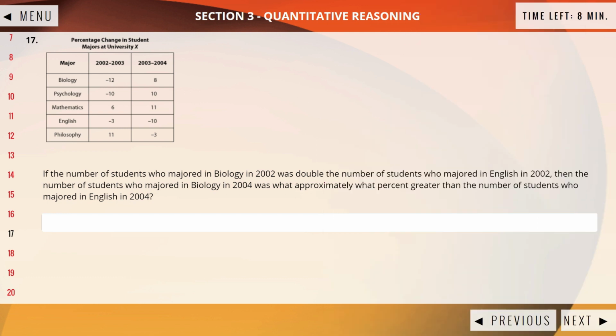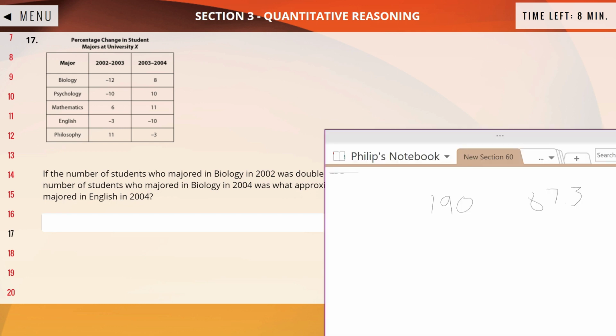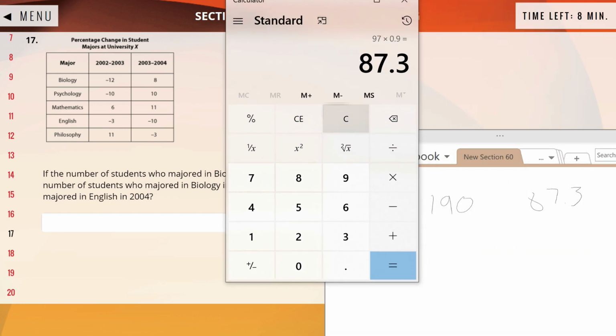And now the question is, approximately what % greater than the number of students who majored in English? Now, very important, I've talked about this in many videos, the % greater than formula. Yes, the difference goes on top. So that's 190 minus 87.3. But the question is, what's the denominator?